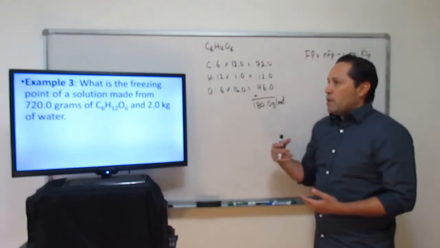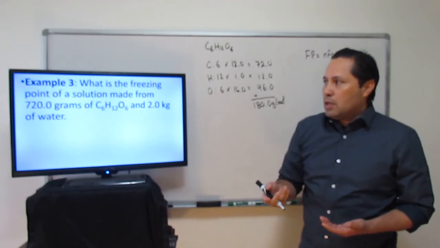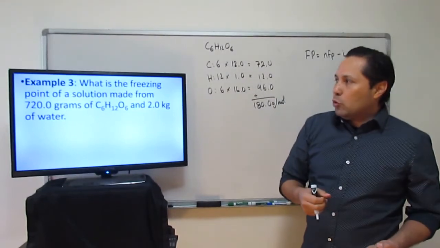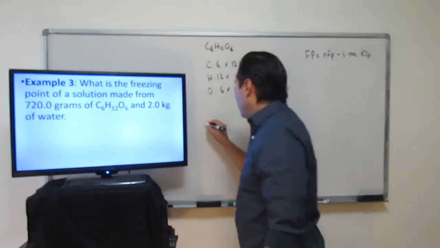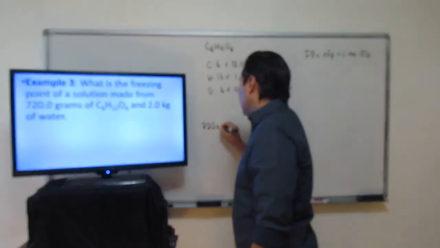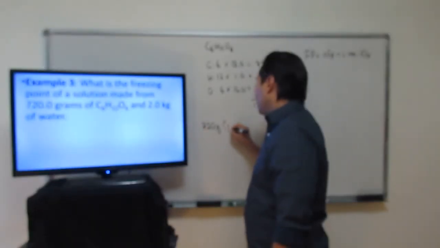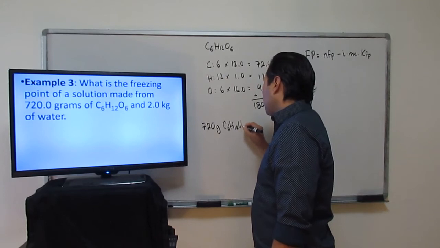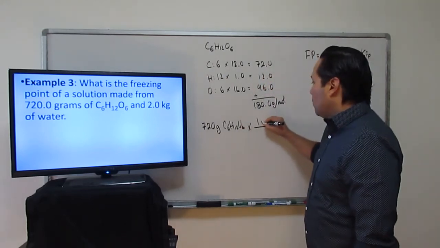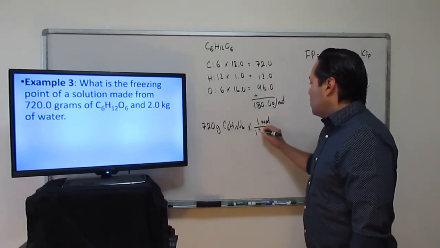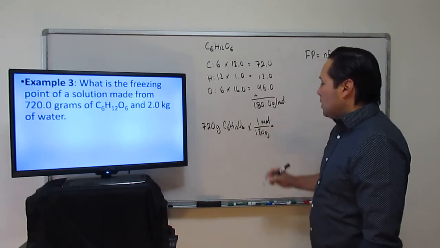Next, I use that molar mass to change my 720 from grams to moles. Alright, so here's my given 720 grams of glucose. Now I'm going to convert them, 1 mole in the numerator, 180 grams in the denominator.